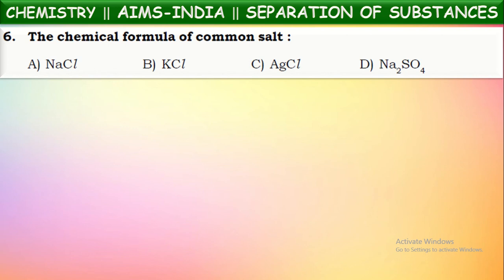So rock salt, common salt, table salt, these are all common names of a chemical called sodium chloride. And its molecular formula is NaCl. Remember this because we use this compound frequently in our studies. Okay, sodium chloride is the chemical formula of common salt.